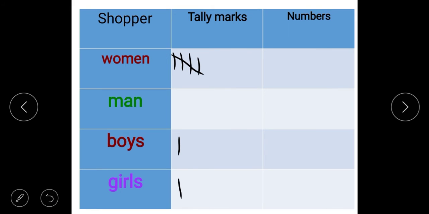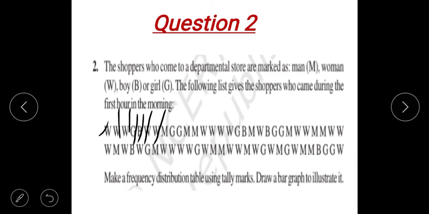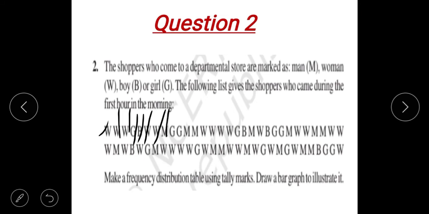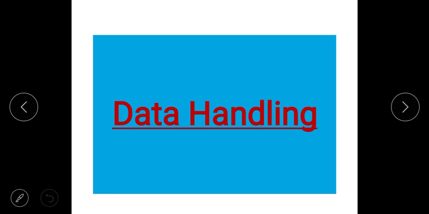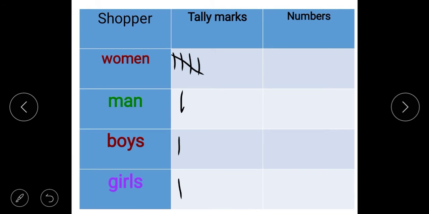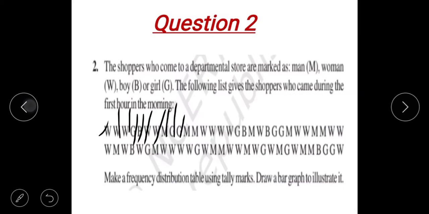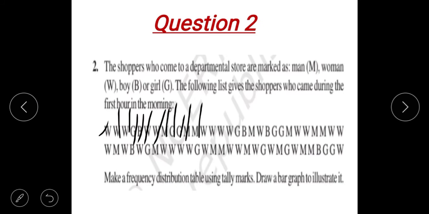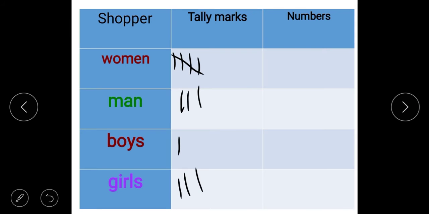Okay class, now again we start with M. Sorry, here it is 2 G's, 1 and 2. Now 2 M's, 1 2, then count again, 1 2 3 4.